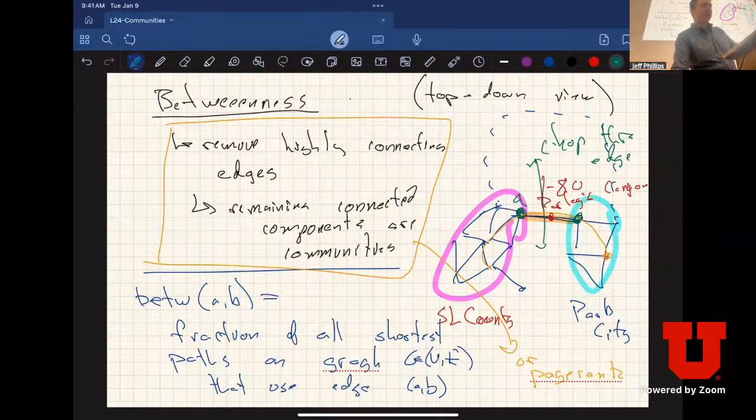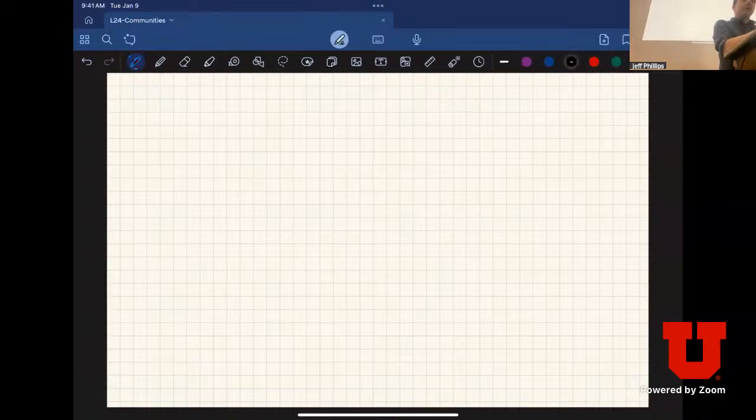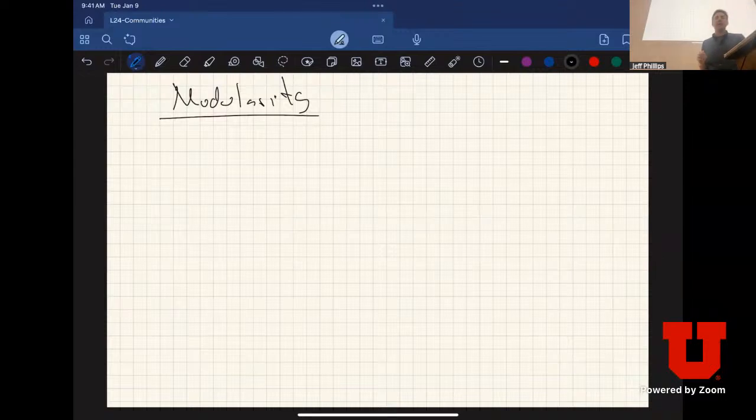All right, the other big thing I wanted to talk about before we talk about communities is a way of scoring. There's a score called modularity, which is probably the most famous score for assigning how tightly knit, how well formed a community is, right?